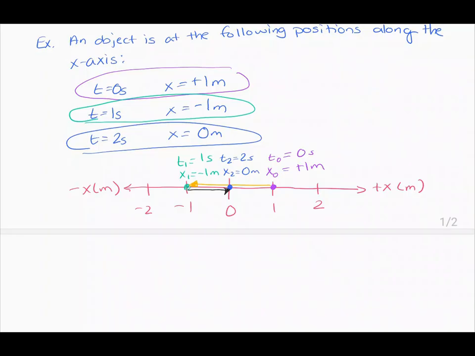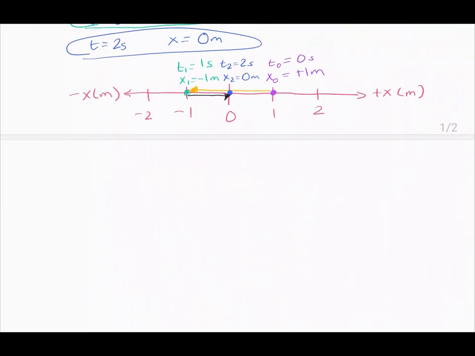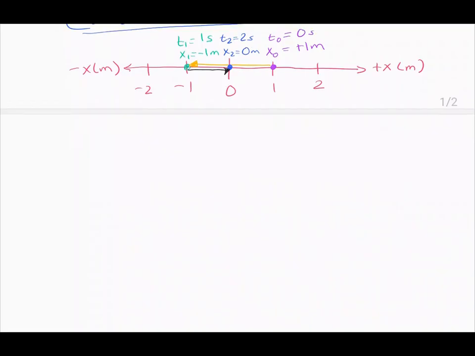So now what we want to do is, I don't even really need my setup anymore because my picture has all of the information on it. The first thing I want to do is find the distance traveled throughout the whole motion.